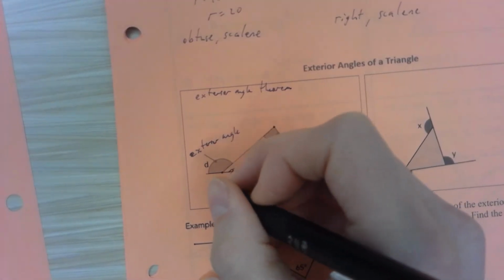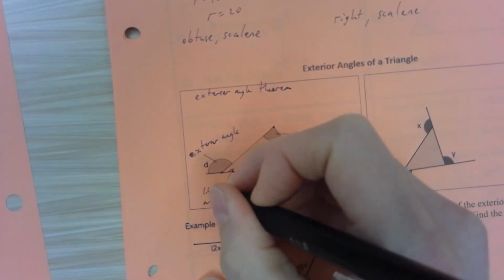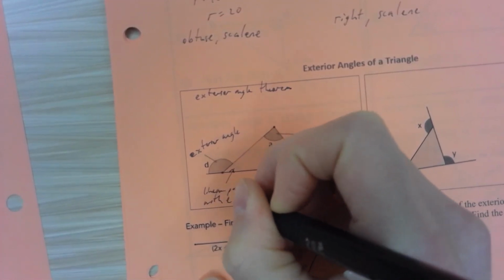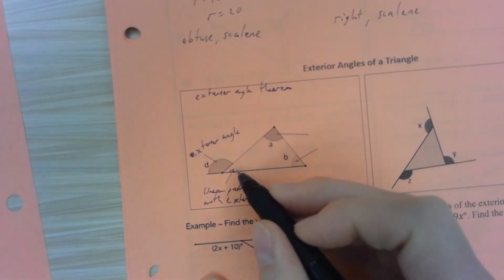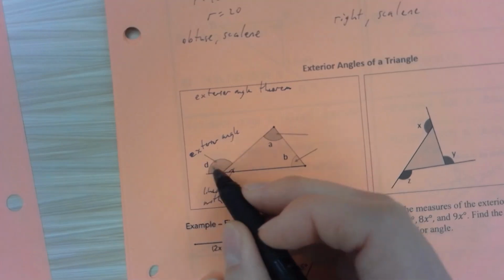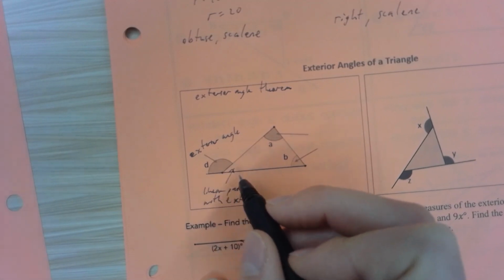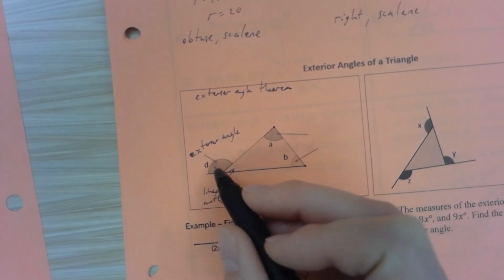So linear pair with the exterior. So this angle here that is adjacent to that exterior angle is a linear pair with that exterior angle. Now, because of that, linear pairs, remember, back from when we talked about angles, linear pairs were supplementary. They add up to 180.